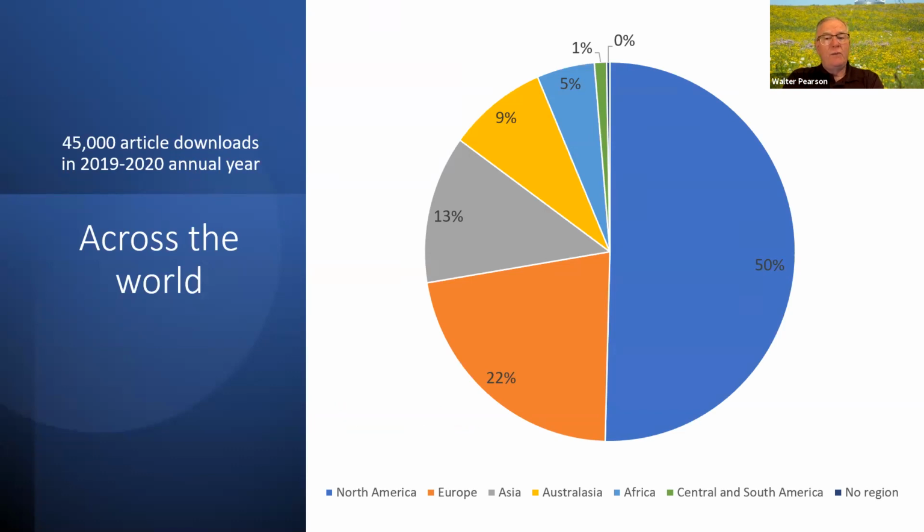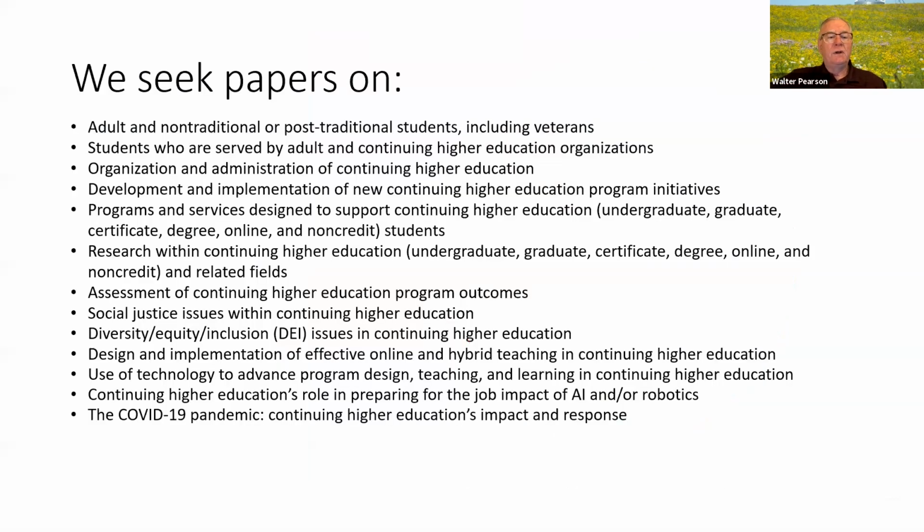We do see many more submissions from Australasia and from Africa than we had in the past. Right now we're at about 110 submissions a year from across the world. So there's a sizable number of authors contributing now.